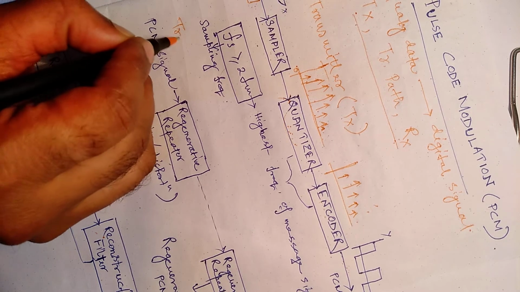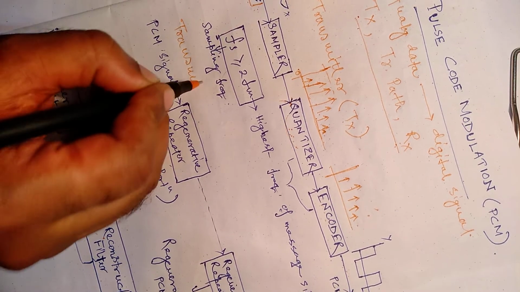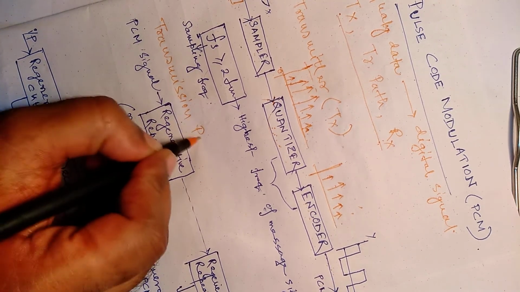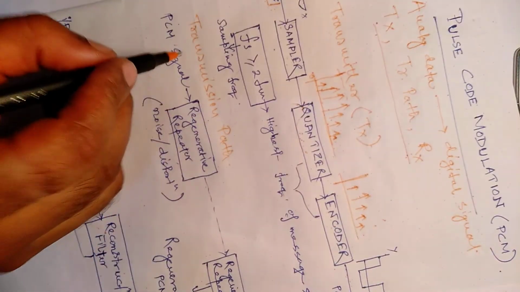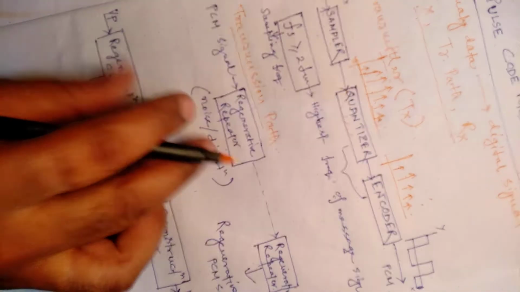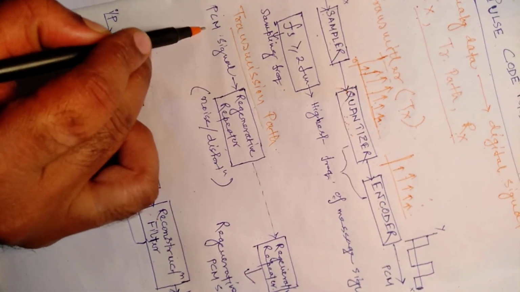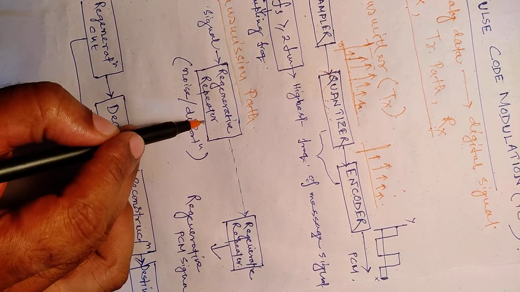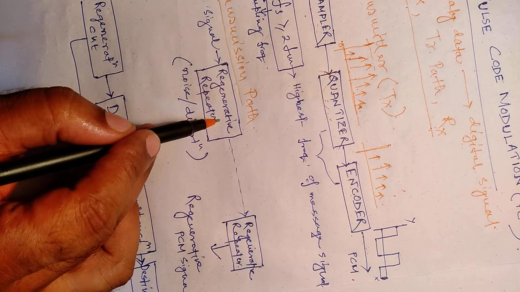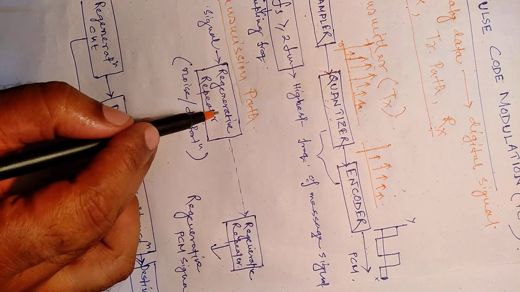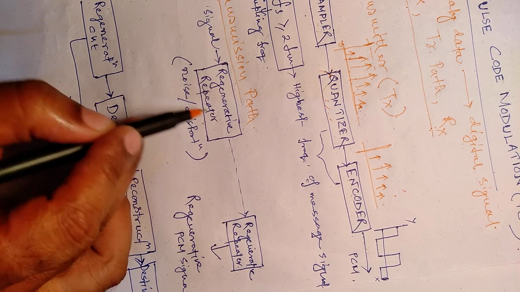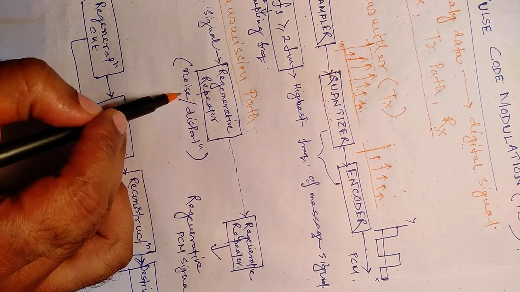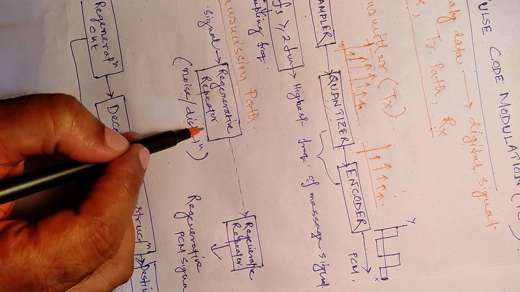Then next stage we go for the transmission path. So this is my transmission path, and in this path that particular PCM signal goes through some regenerative repeater. What is the function of a regenerative repeater? The function of a regenerative repeater is to lower or delete that particular noise or distortion from your main message signal.